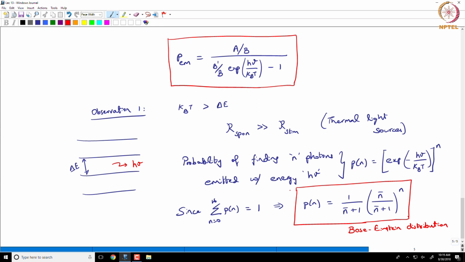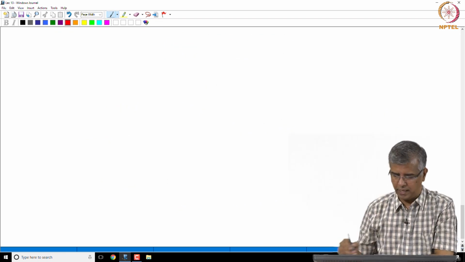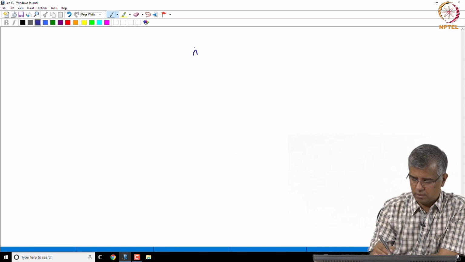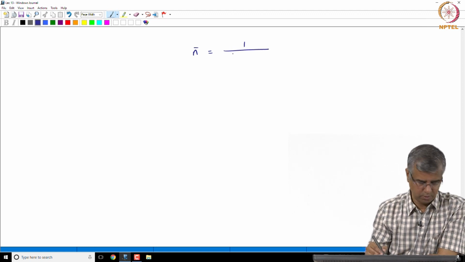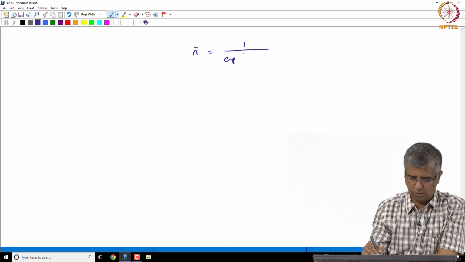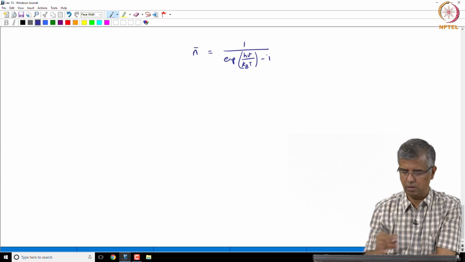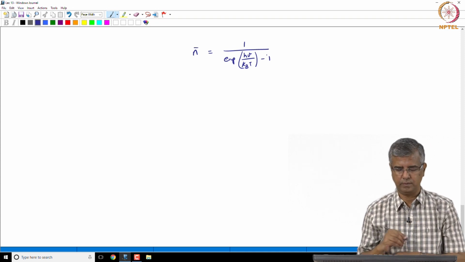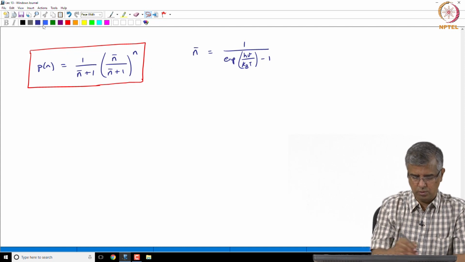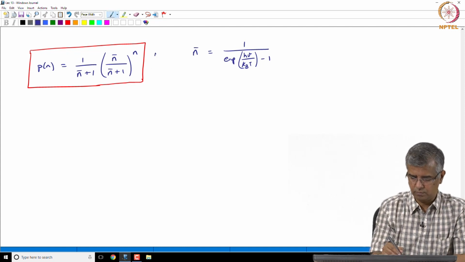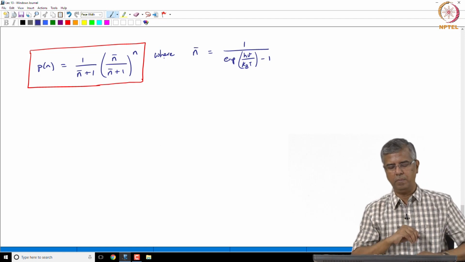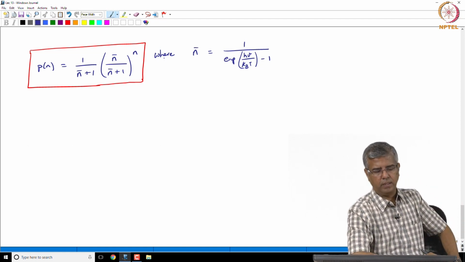It's actually following this Bose-Einstein distribution, and it's where we can quantify n bar. So n bar is now going to be given by 1 over exponential of h nu over kBT minus 1, right. So, where n bar is given by this expression.